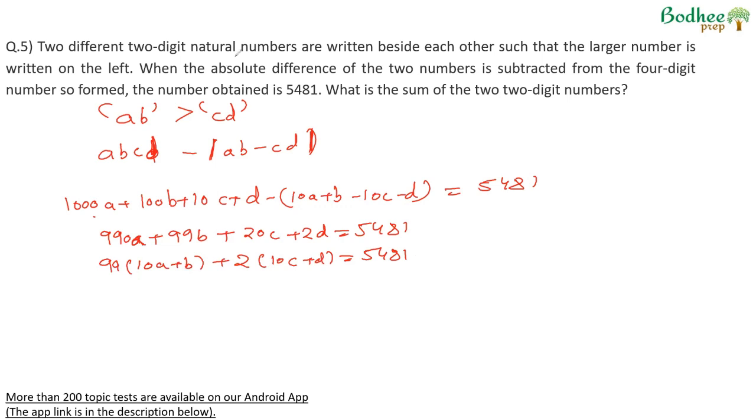Now, if we start putting values, if we divide 5481 by 99, we get around 55. Checking 55 into 99: 495, 5445.